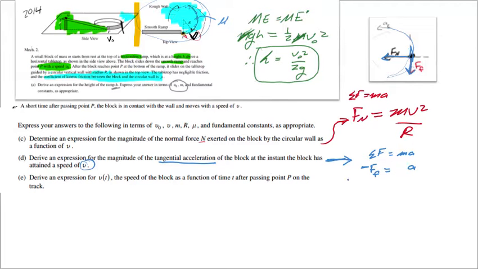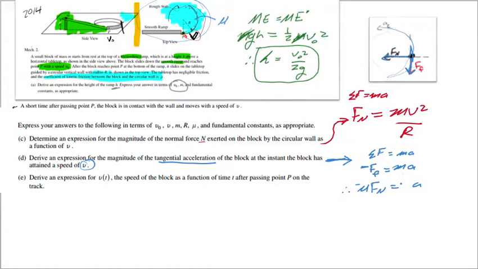And therefore, remember, you're going to have negative mu. Force of friction is mu times your normal force, so negative mu Fn equals mass times acceleration.